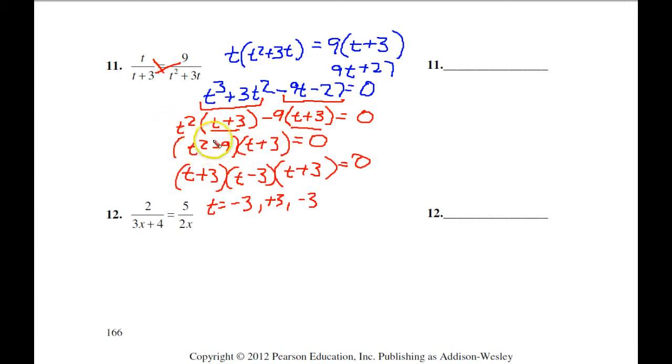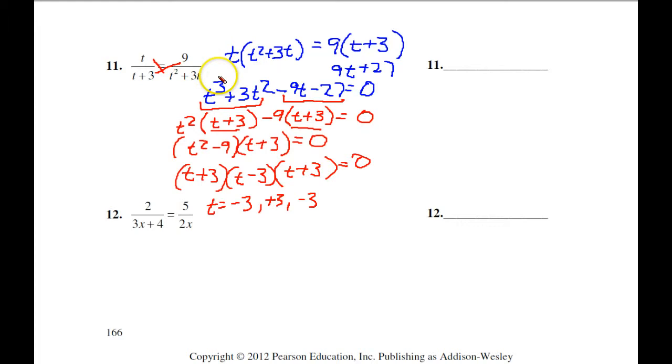Then I bring in my t squared minus 9, that I see is the difference of perfect squares, that I'll factor into its conjugates. Equal each of the conjugates to 0. Here t is -3. Here t is +3. And here t is -3.